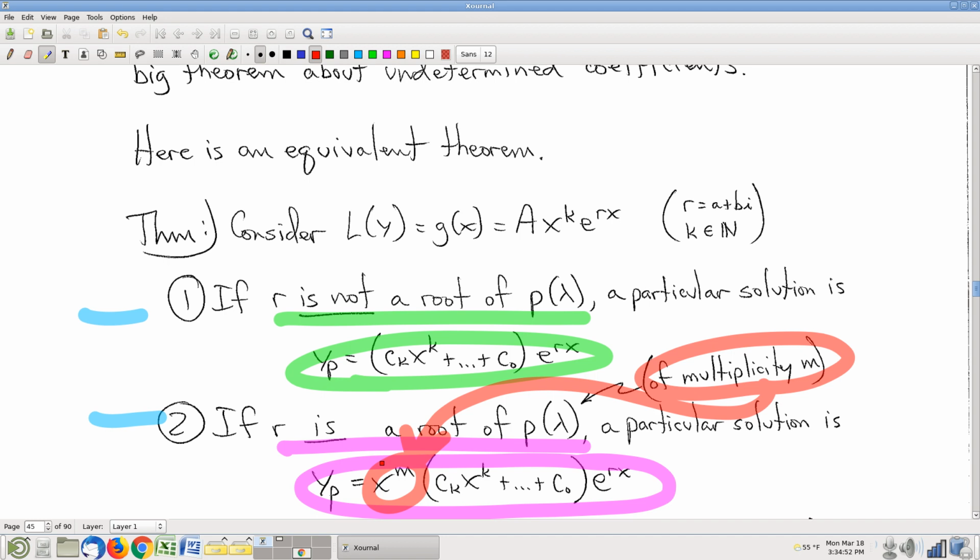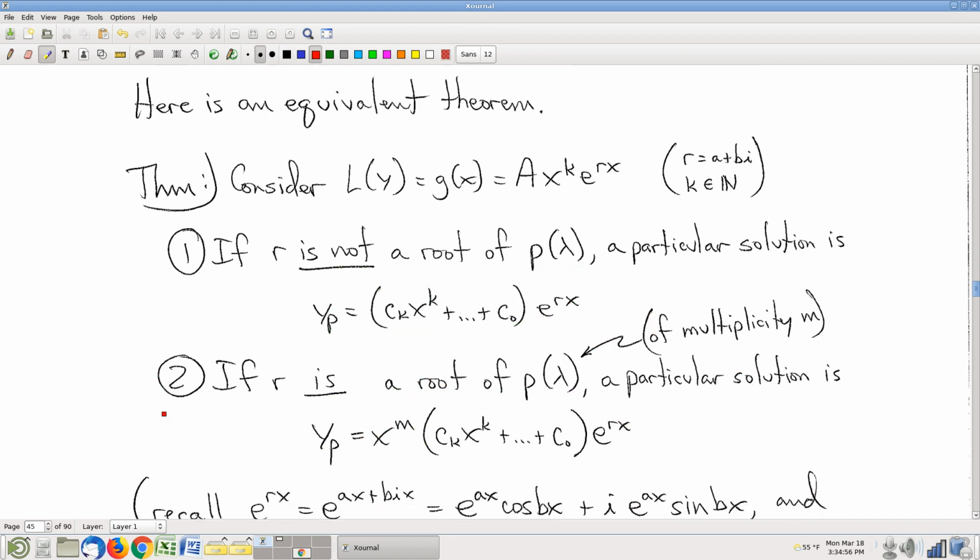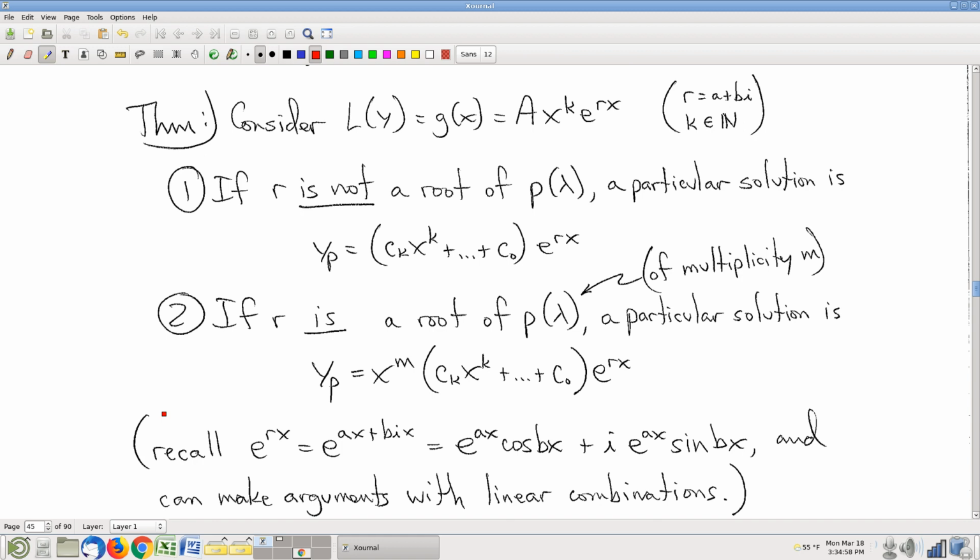Now, before we go on, let me come back to the point that this isn't the same theorem. And that's true. What I've drawn there, a x to the k, e to the rx, looks like it's missing all the sine and cosine stuff. What we wrote down back in chapter 4 was monomial times exponential times sines and cosines. They're actually kind of in here.